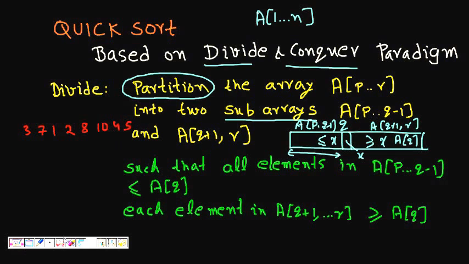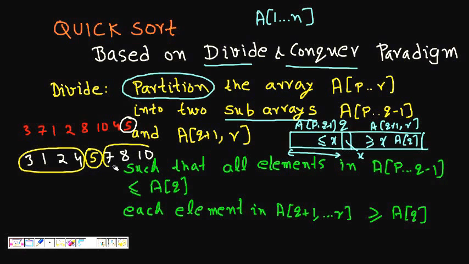One solution to partitioning is that 3, 1, 2, 4 are less than 5 and then 7, 8, 10 are greater than 5, and now we include this 5 here. So in this part everything is smaller than 5, and in this part everything is greater than 5.